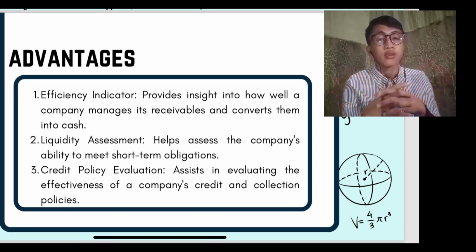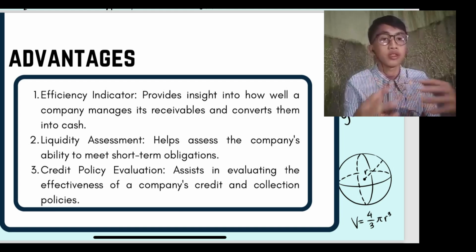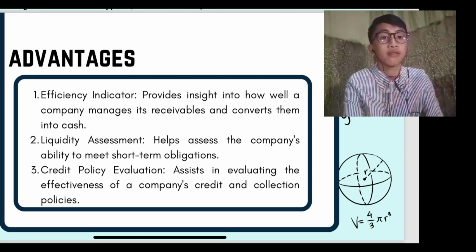The second one is liquidity assessment. This helps assess the company's ability to meet short-term obligations, such as whether the company has enough cash flow to pay its short-term bills. And lastly, we have the credit policy evaluation.